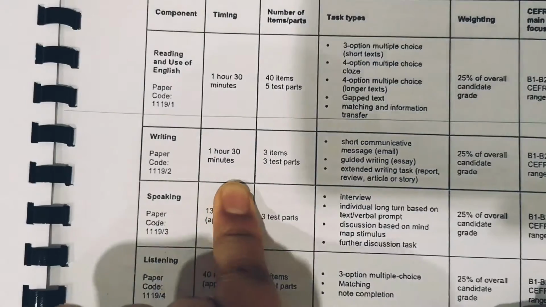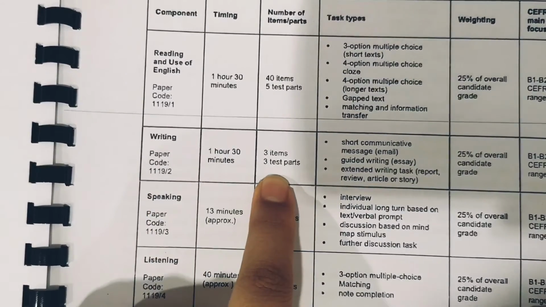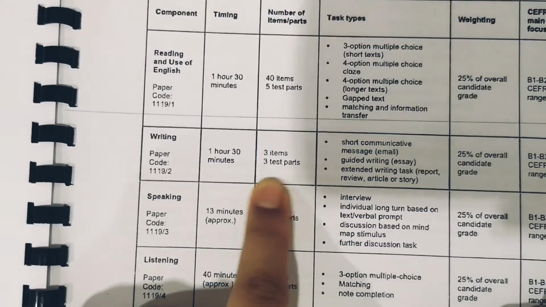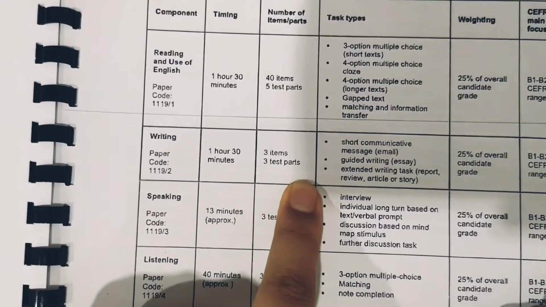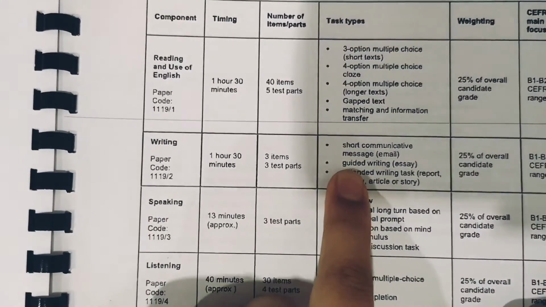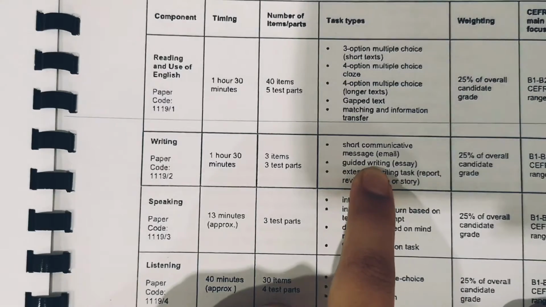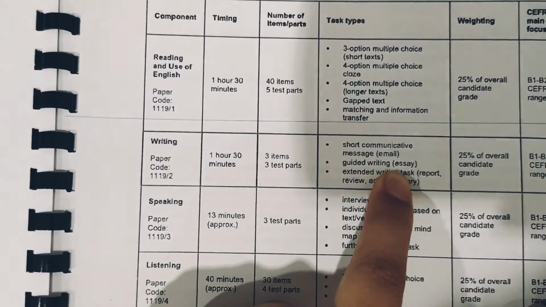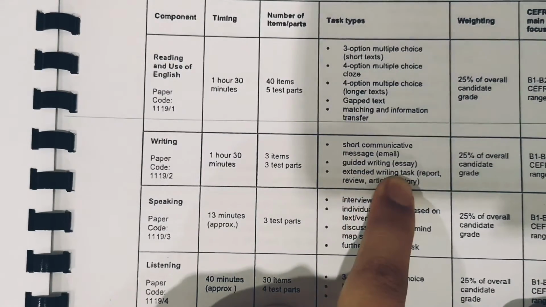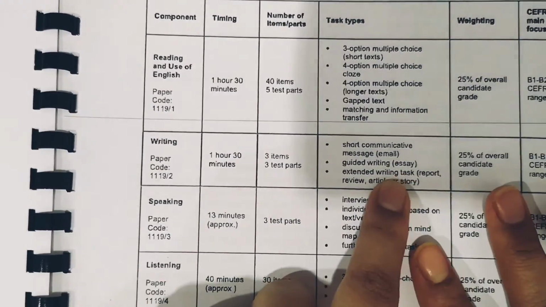Second one is writing. You will be given 1 hour and 30 minutes for writing, and there will be 3 questions, 3 test parts. The first part is a short communicative message, which is in email form. The second one is guided writing, in the form of an essay, just like the normal essay that you usually do.